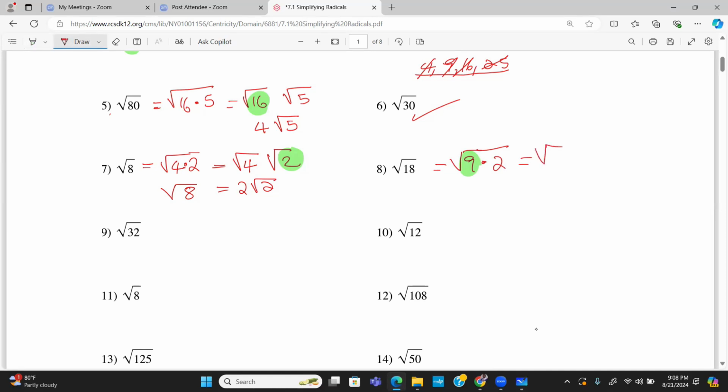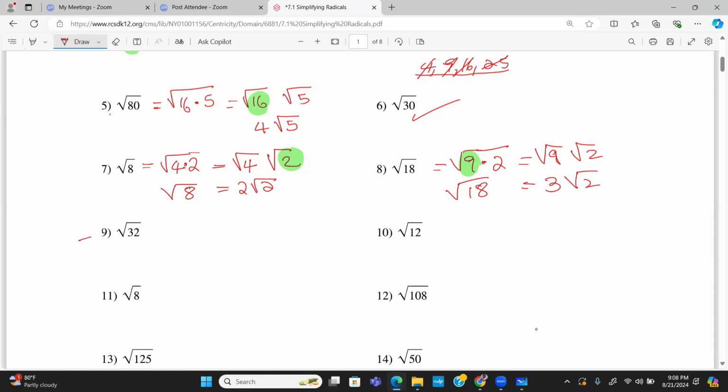The next step is that we have the root of 9 times the root of 2. Then what is the root of 9? 3. And then 2 is not a square number, so we leave this as is. Conclusion, the root of 18, when simplified, is 3 root 2.